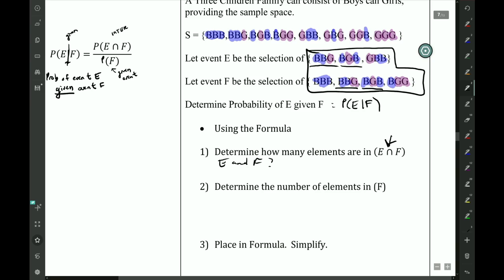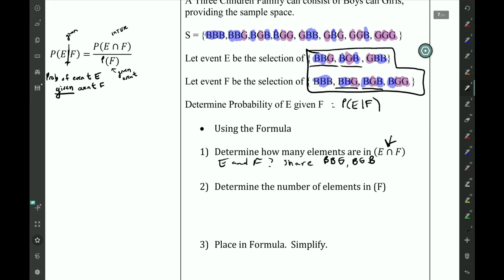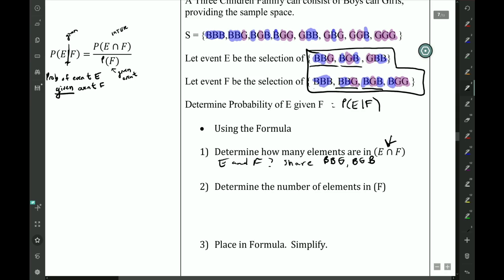So they share boy, boy, girl and boy, girl, boy. And the number of elements in F is 4 possibilities, and the number shared is 2.